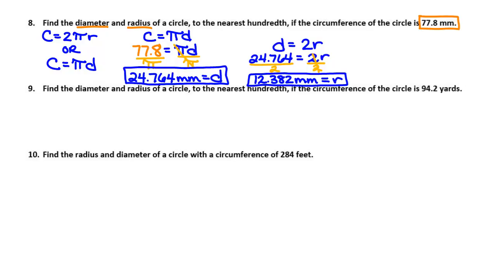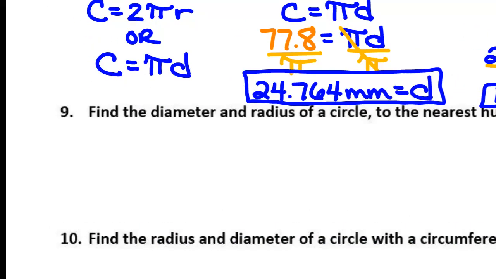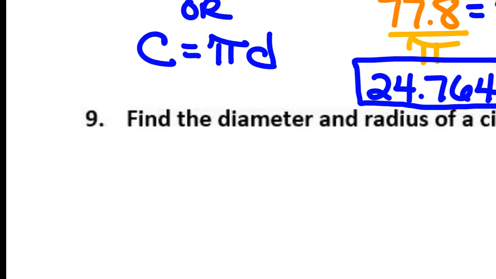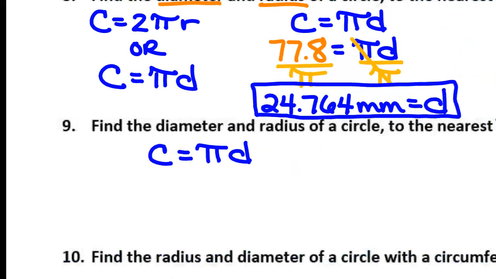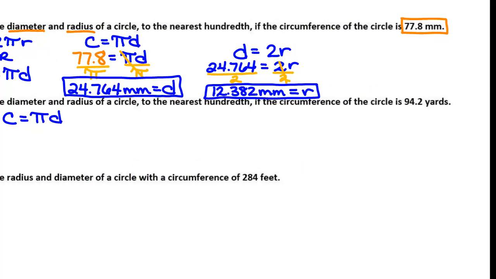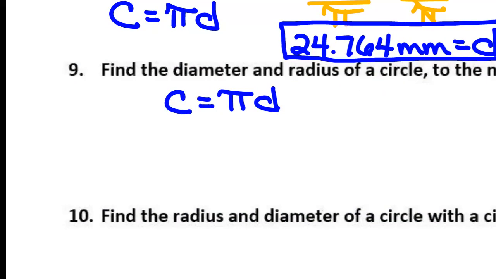Find the diameter and radius of a circle to the nearest hundredth if the circumference of the circle is 94.2 yards. Let's do this one together, and then I'll have you guys do number 10 on your own. So circumference equals, do you guys want to do 2 pi r or pi d? Pi d, sounds good. Circumference equals pi d. The circumference this time is 94.2.